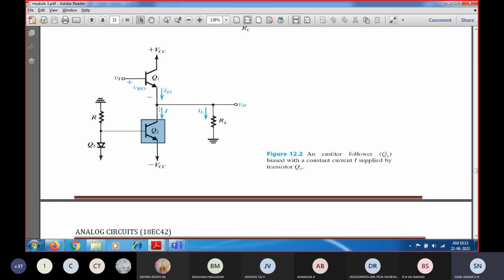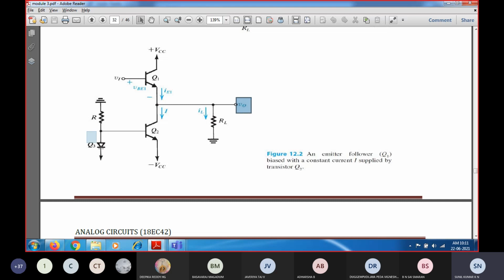The current flowing will be I, and the voltage across RL will be equal to I times RL. The current I is constant, and this limits the maximum negative output voltage across the load.